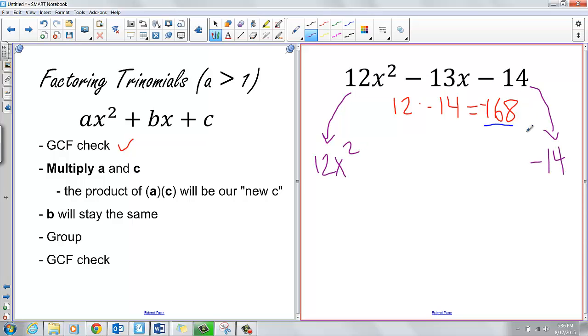All right, now we have to find two numbers that are going to multiply to negative 168, but then add to negative 13.